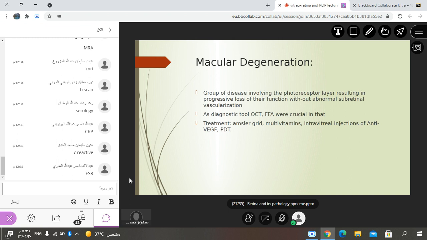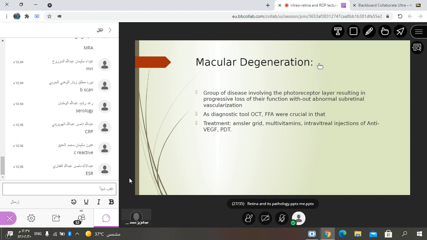As diagnostic tools, we are doing OCT and fluorescein angiography. Treatment: Amsler grid, multivitamins, intravitreal injection of anti-VEGF, and photodynamic therapy in a condition of abnormal subretinal vascularization if it happens with this macular degeneration. And the most important macular degeneration is the age-related macular degeneration.